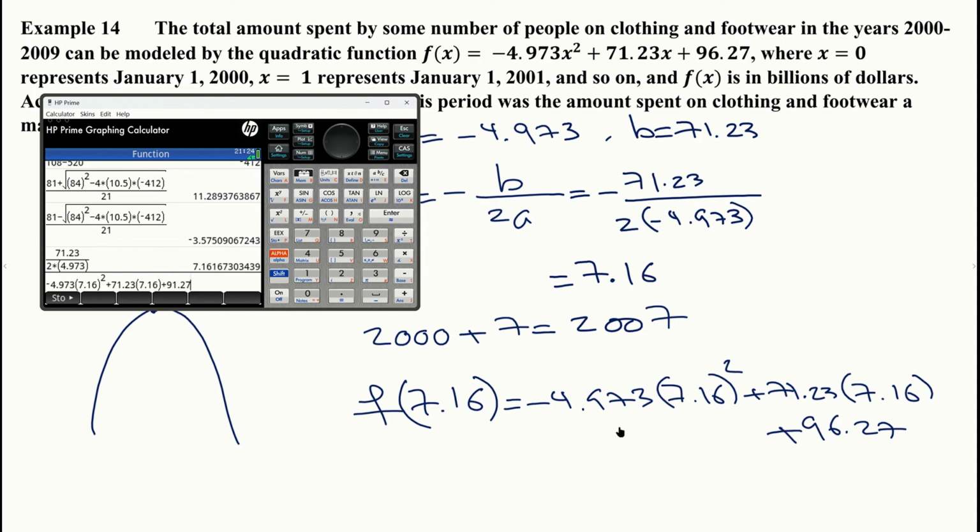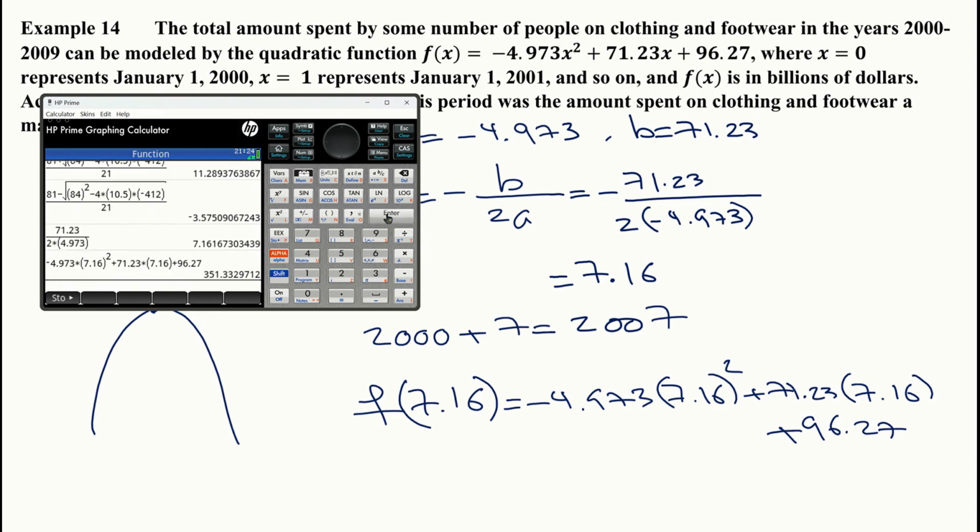Always double check, make sure you've plugged it in correctly. Negative 4.973 times 7.16 squared plus 71.23 times 7.16 plus 92.9. Ooh, there it is. See why you always have to check? That's 96.27. Okay? Now we hit enter. So approximately 351.33.